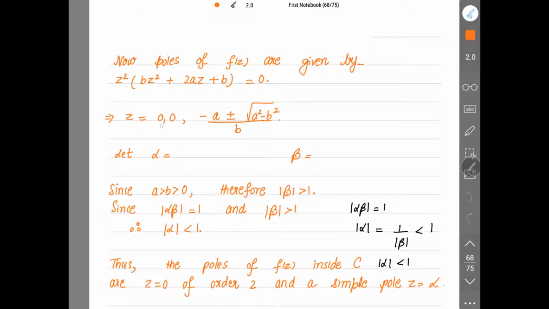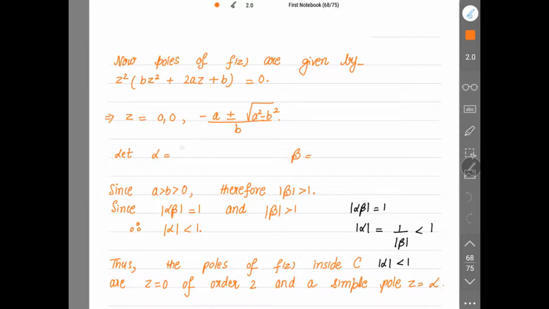So I'm having two zeros, and the roots of this quadratic polynomial are minus a plus minus square root of a square minus b square over b. So these are nothing but your poles. And yes, because 0 is here 2 times, that means I'm having a double pole. So 0 is a pole of order 2, right?